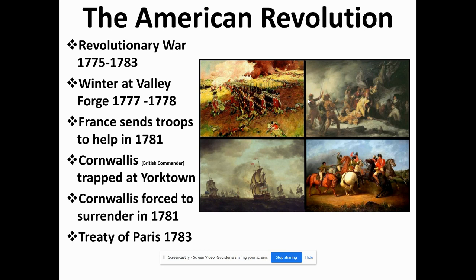Another important thing that comes out of the Treaty of Paris is that the French recognize us as a nation. Okay, now what happens on the world stage is that when a country declares itself independent, anybody can do that. But are you recognized by other countries of the world? Do other nations look at you and say, we recognize you as an independent nation, as an independent country?